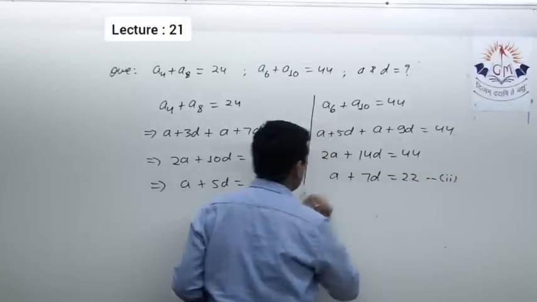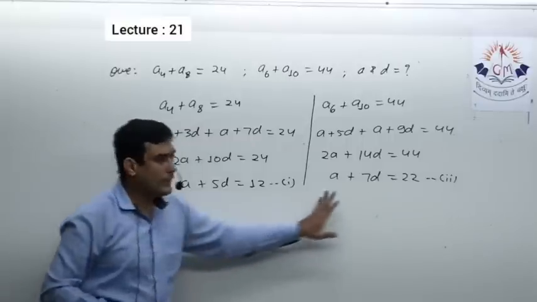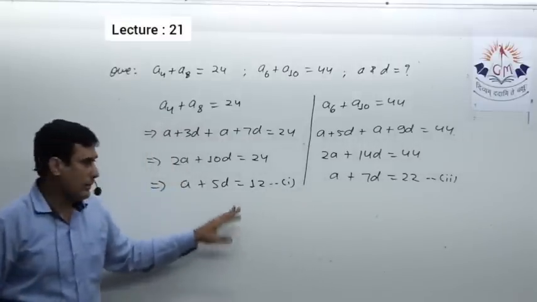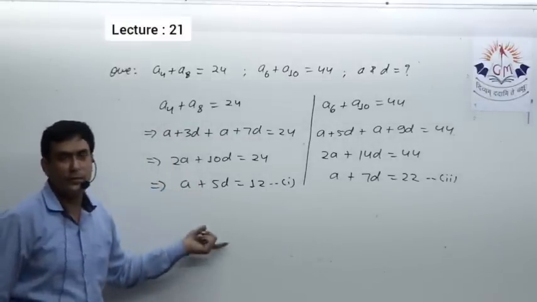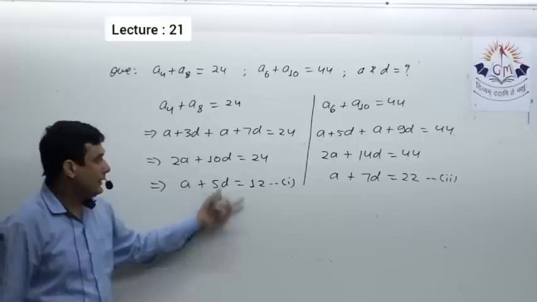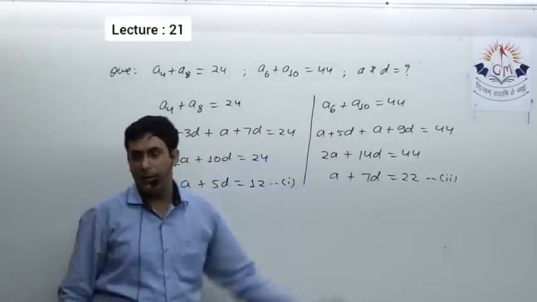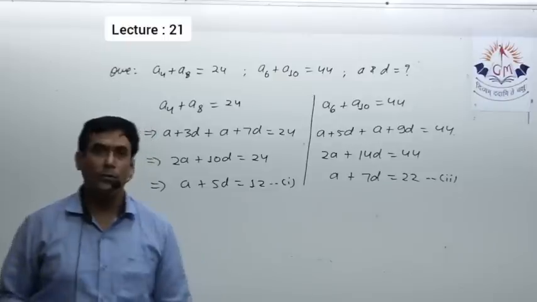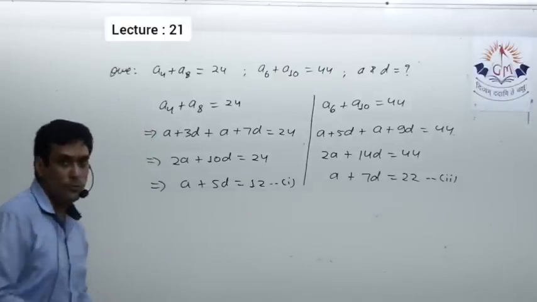After this you have to solve it at home. We have two equations in two variables. Solve these two equations to get the values of A and D. After getting A and D, we can find the first three terms. So note it down up to this point.